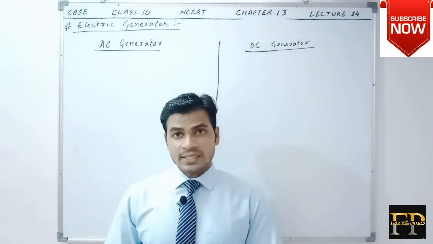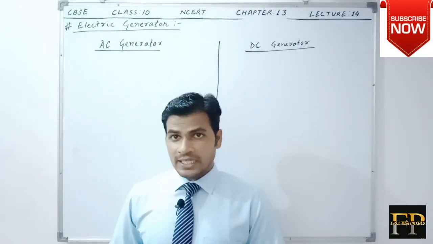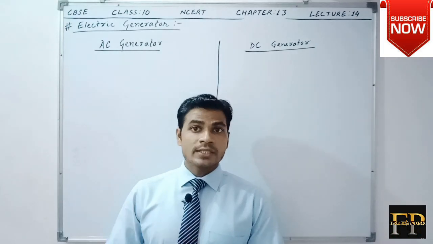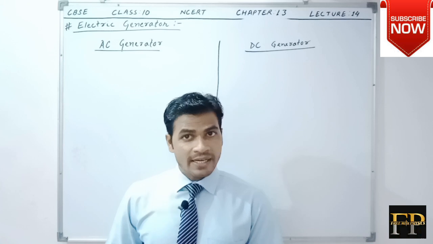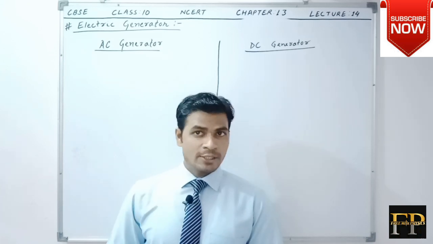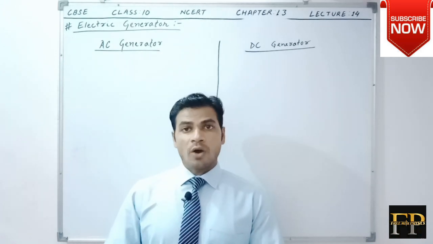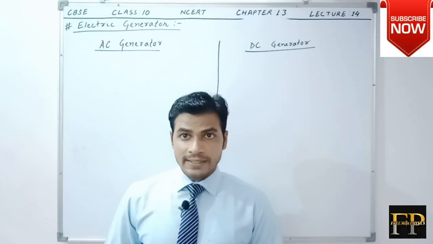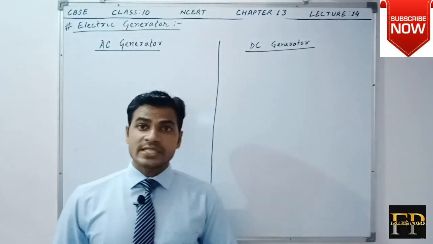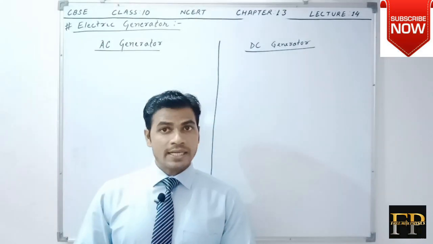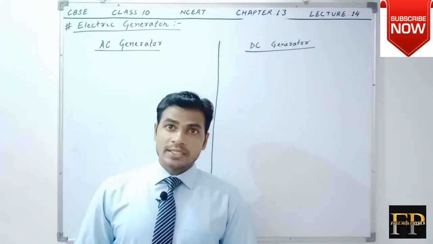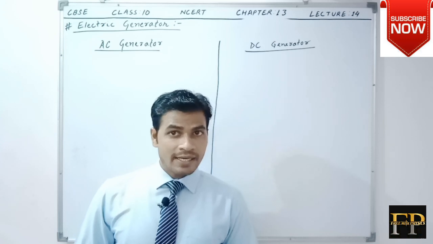In the previous lecture, we also discussed that the current which changes its direction or polarity periodically is called AC or alternating current, and the current which does not change its polarity or direction periodically is called direct current.